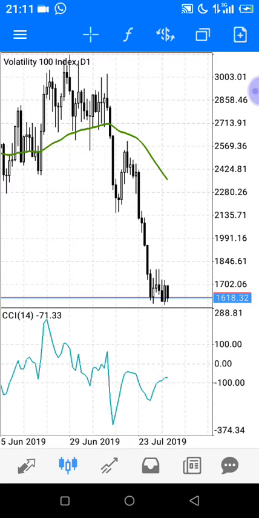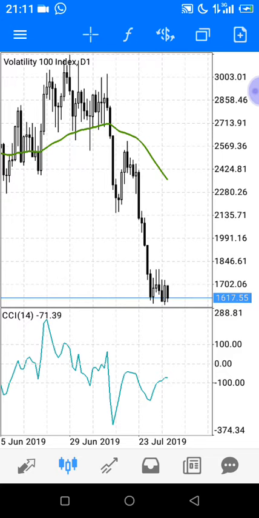That day you'll be opening your chart, right? You check whether the candlestick has closed below the EMA 60. This is when you want to sell. The candlestick that day on the daily time frame has to close below EMA 60, right?